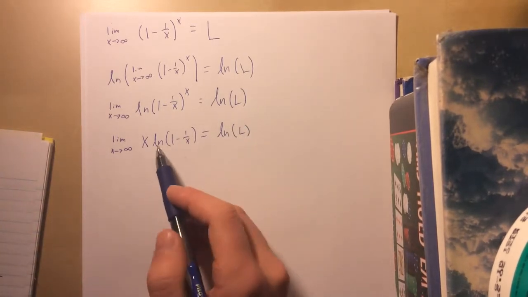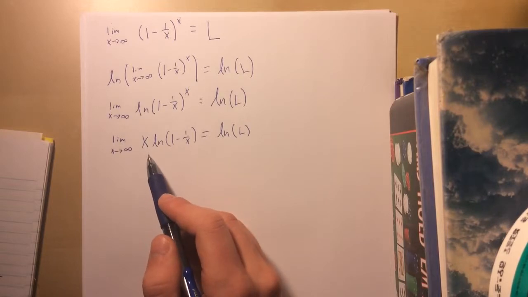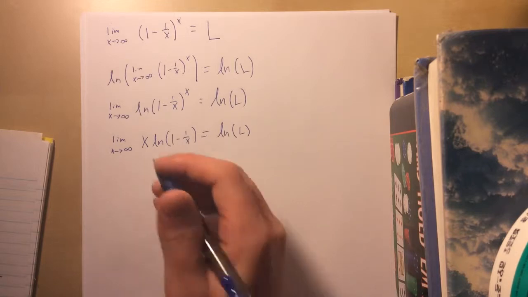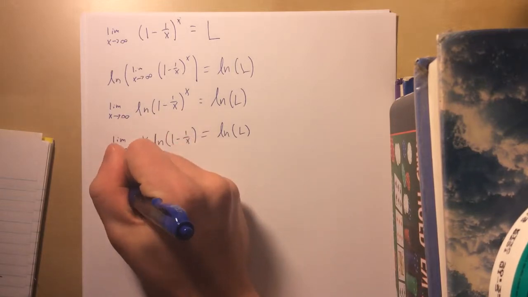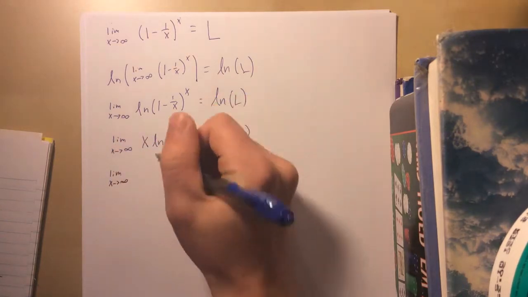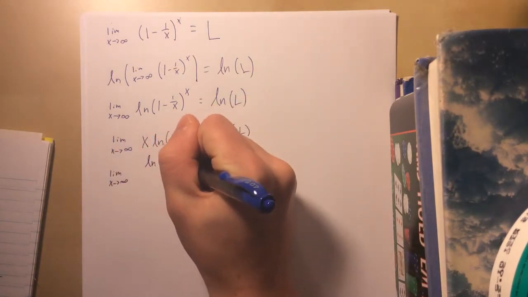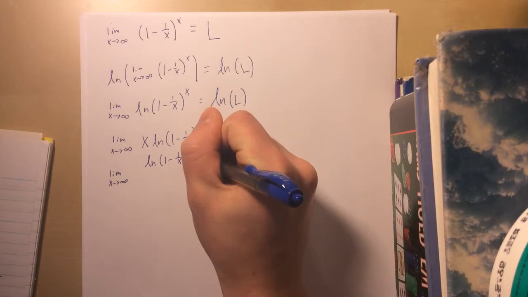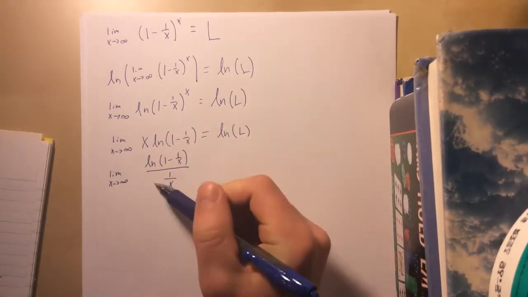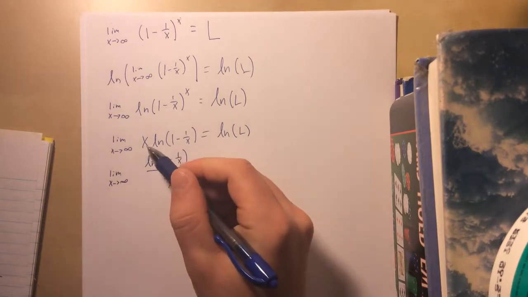So what we're going to do is rewrite this x so that we get a quotient, a fraction. This is going to be equal to the limit as x approaches infinity of natural log of (1 minus 1 over x) all over 1 over x. Dividing by 1 over x is the same as multiplying by x.